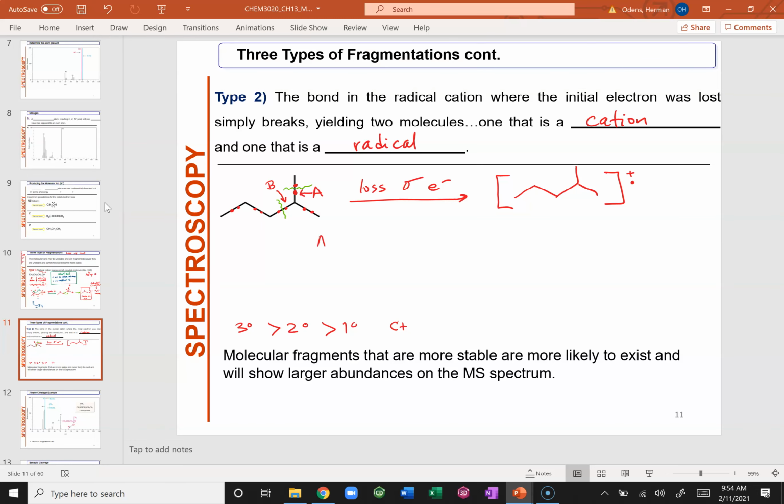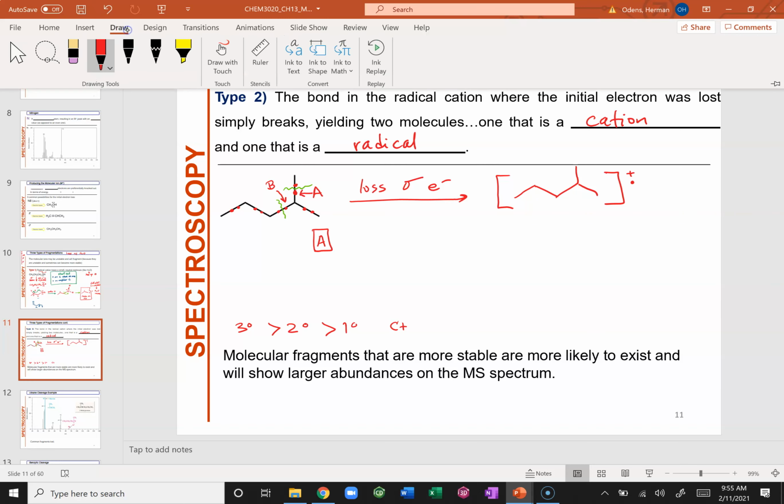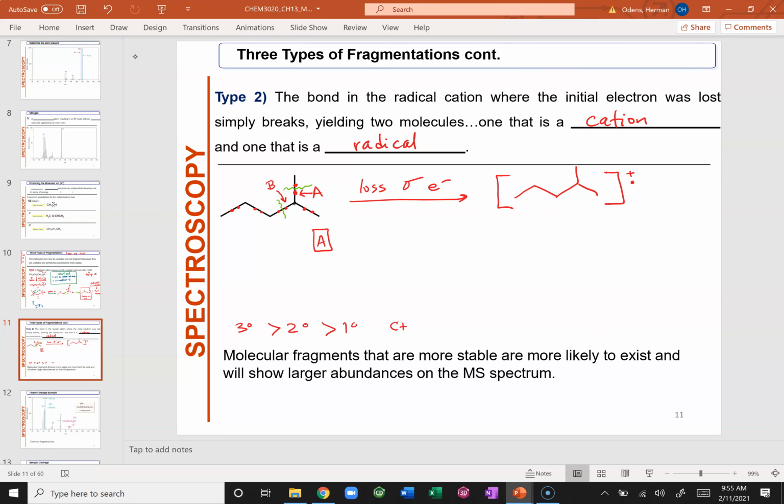And so, when you do this, the fragmentations, we have A. So the fragmentation of A will give you what? It will give you, notice that I chose that radical next to the longer chain. So that means I'm gonna put a plus on this carbon right here, right? Because if I knocked out that electron closer to that carbon, that's gonna make it plus.